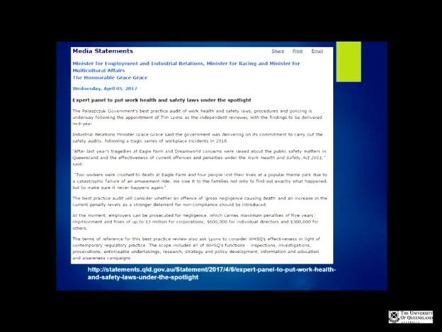But you'll see it's very much trying to show that the government is on top of this and changing things, and you can see the offences, this idea of gross negligence causing death, an increase in the penalties, and the maximum penalty will be 5 years imprisonment and fines of up to $3 million for corporations, $600,000 for individual directors, and $300,000 for others.